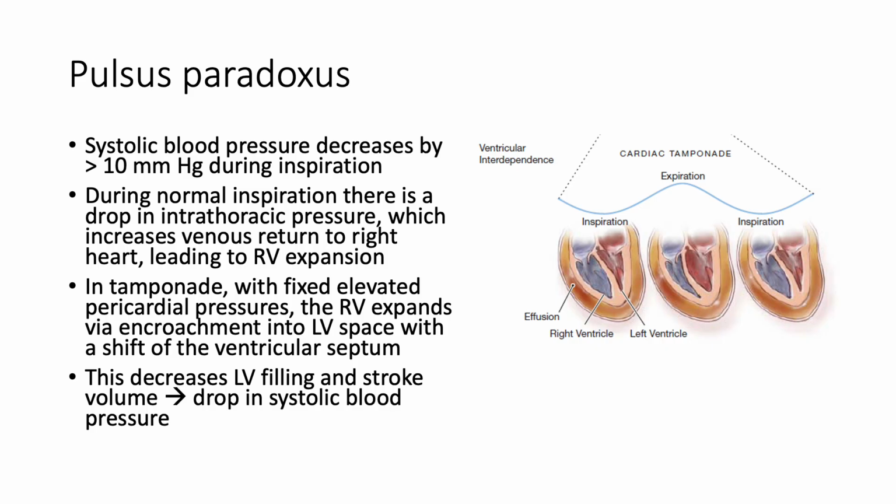The RV cannot expand without encroaching into the left ventricle space. So you have a shifting of the ventricular septum. The left ventricle actually gets smaller, and you're going to have a decrease in left ventricle filling and stroke volume, and that's why you see that drop in blood pressure when you take inspiration.